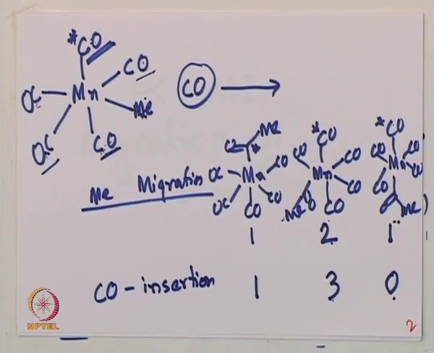But when the chemists have done this experiment, they have found that only the 1:2:1 product formation is happening. That means methyl migration is happening, but not the CO insertion. This is once again a very tricky experiment to do.